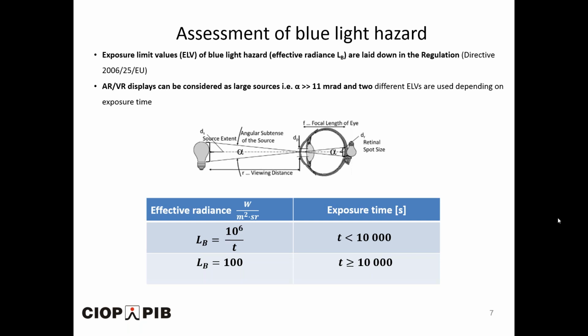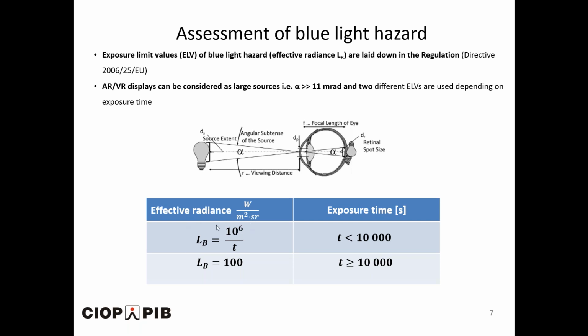The exposure values are not the only thing to consider, because the exposure time is also important. The regulation says that until the time of exposure exceeds 10,000 seconds, we have to calculate this formula here.